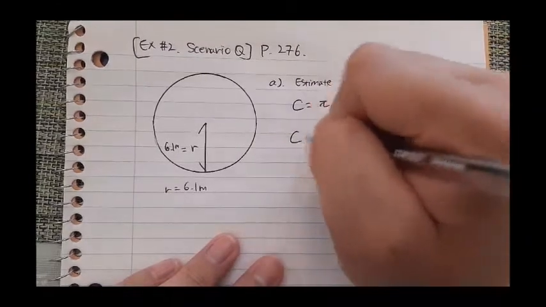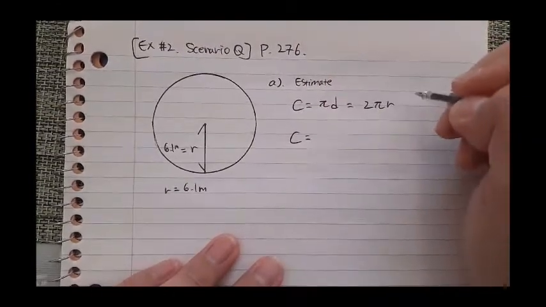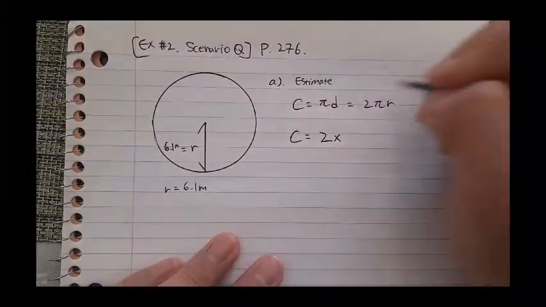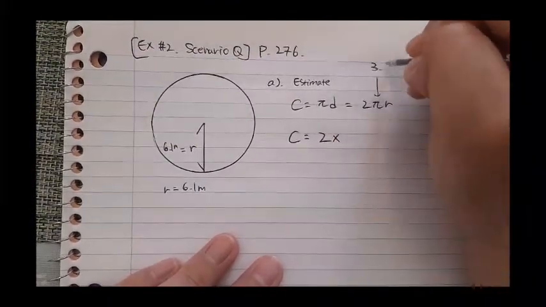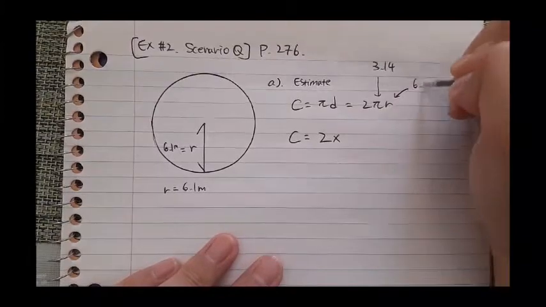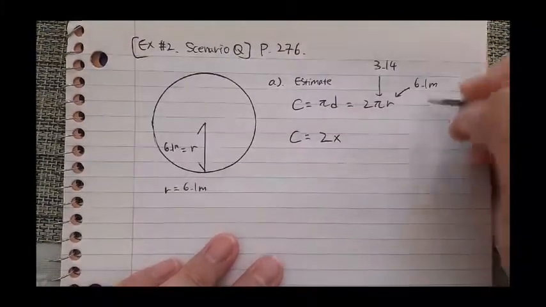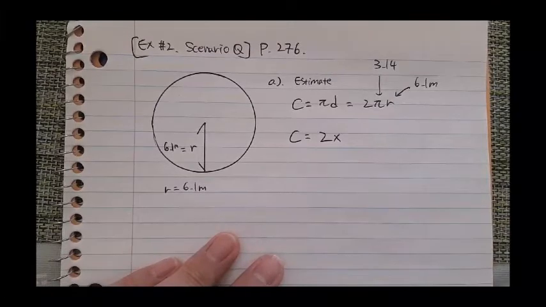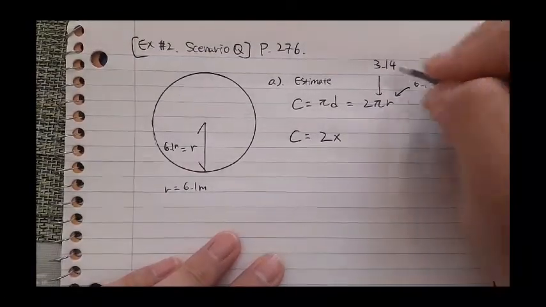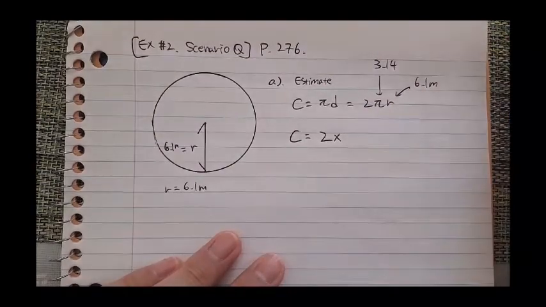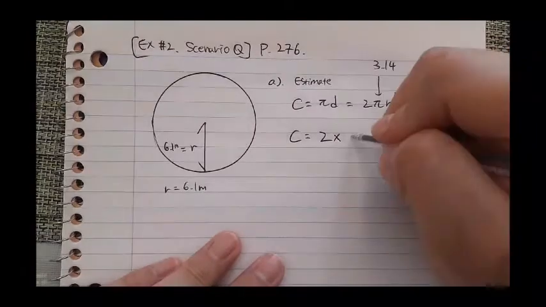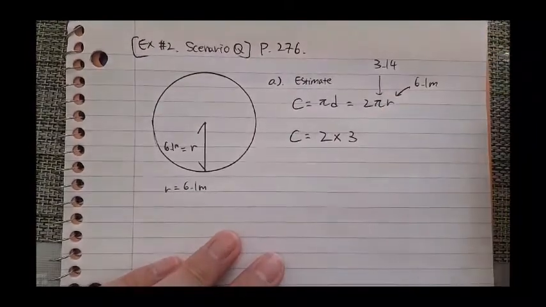Now, next step. When you do your estimation, just use a rounded number. I know that pi is 3.14 and r is 6.1 meter, right? But if you imagine you're using your brain without any calculator, you may have a hard time with the multiplication for an actual answer. So here's what we do. Instead of 3.14, that's around 3.